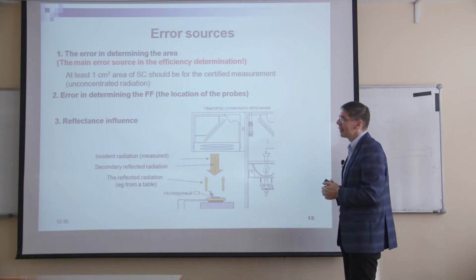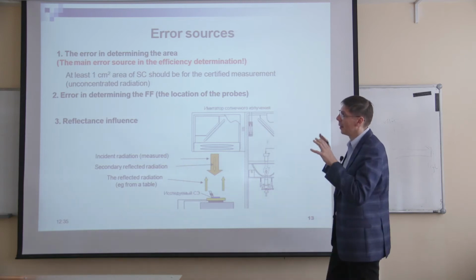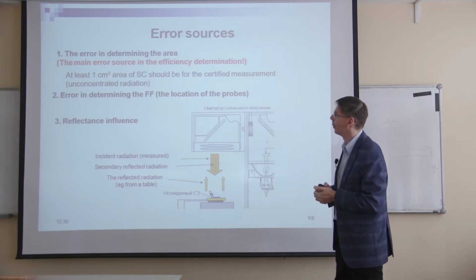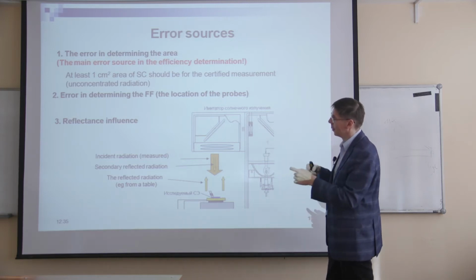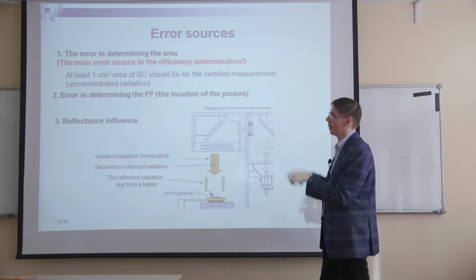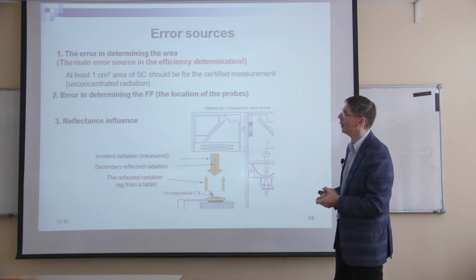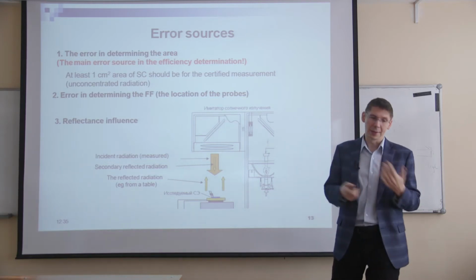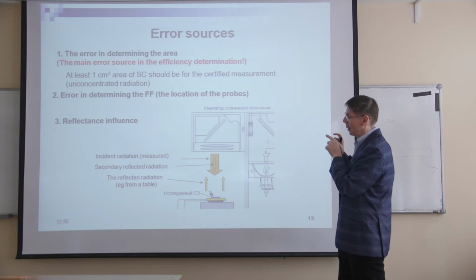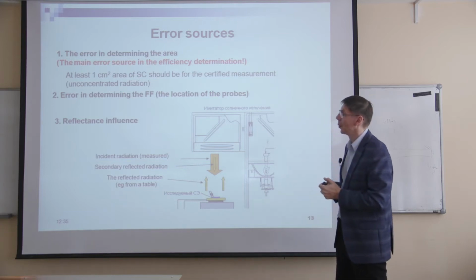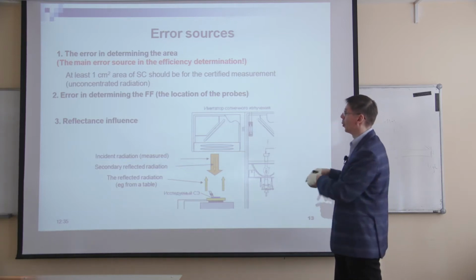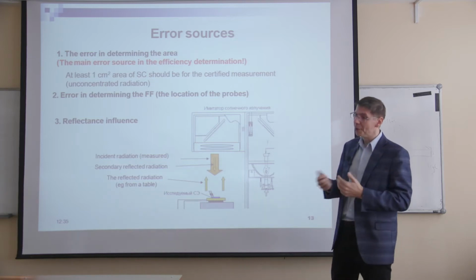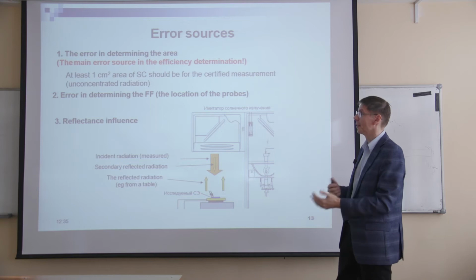Another thing is the error when you try to determine fill factor with different locations of the probes. As I already told, it's maybe not a real error. If you know the rules, you can choose the correct position of the probes, but you can get some difference in the measurement for different cells.